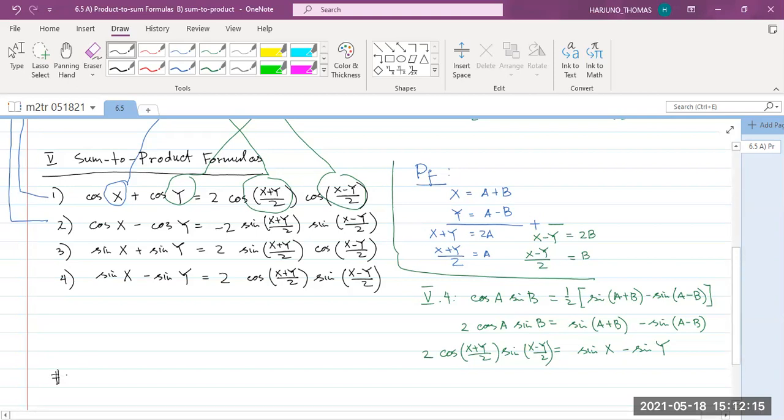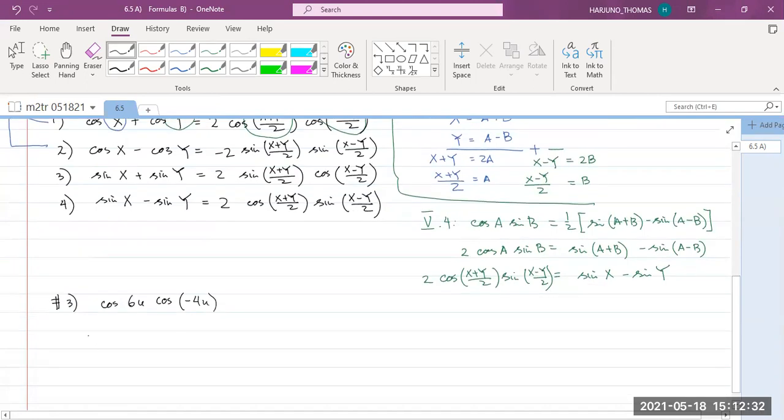Let's see number 3, for example. Express as sum or difference. Number 3, cosine 6u cosine negative 4u. Cosine times cosine is equal to 1/2 cosine of sum plus cosine of difference.